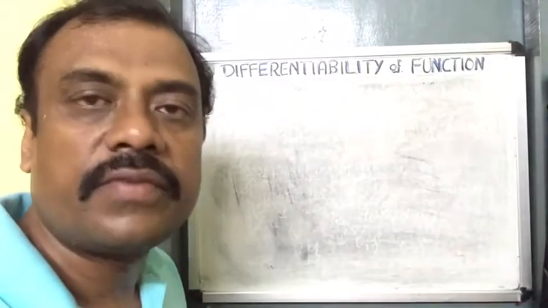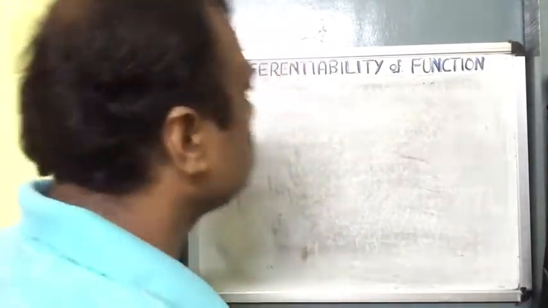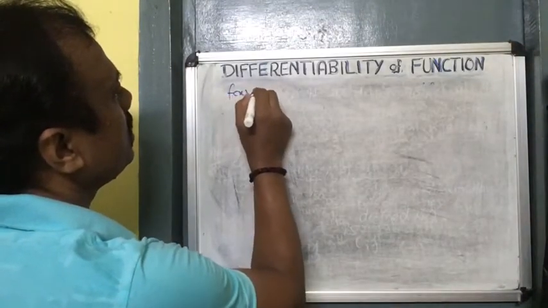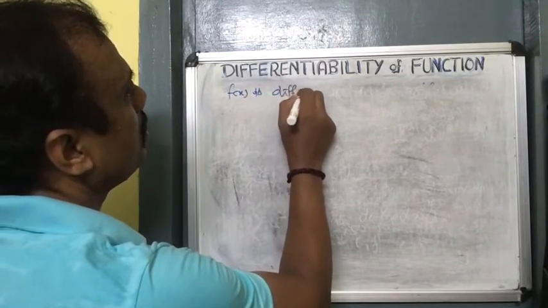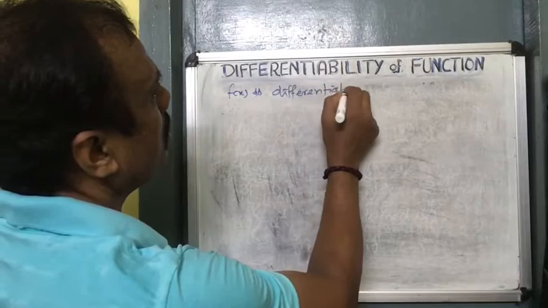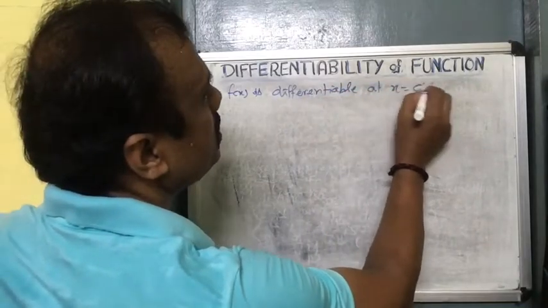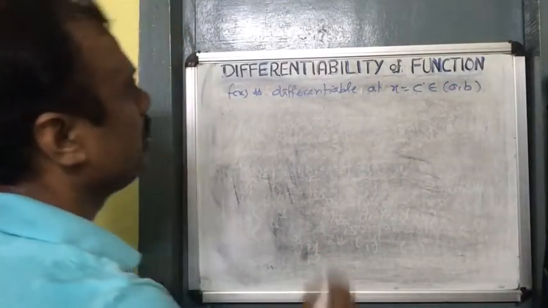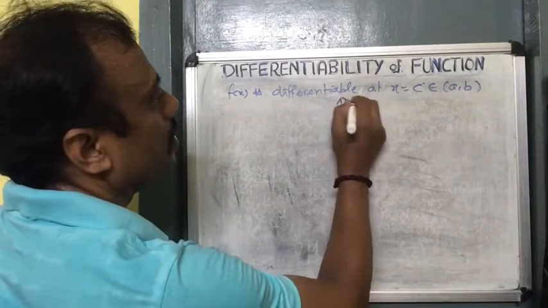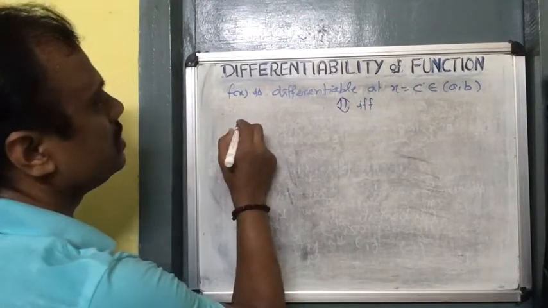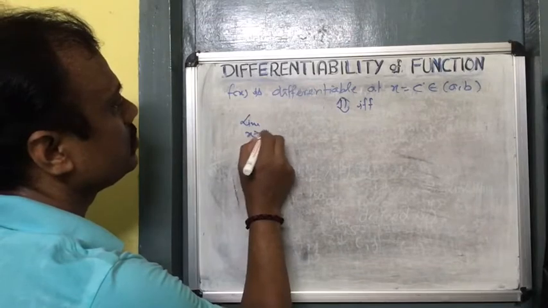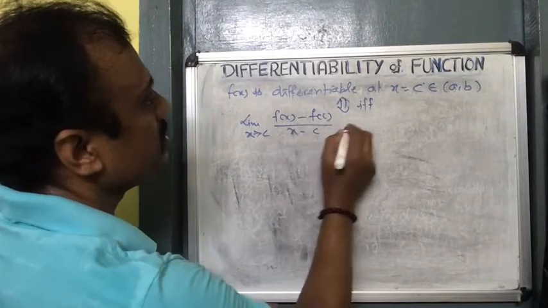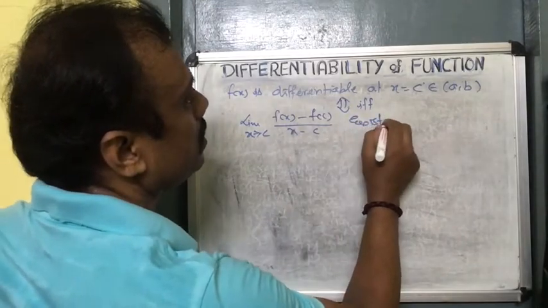As we have discussed the differentiability of a function at a given point, f(x) is differentiable at x equals c, belonging to the open interval (a, b), which is a part of the domain, if and only if the limit as x tends to c of (f(x) minus f(c)) upon (x minus c) exists finitely.